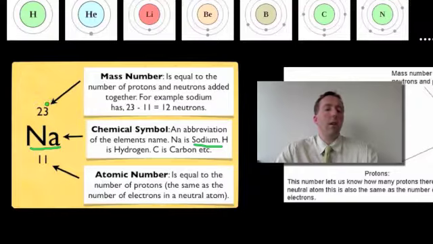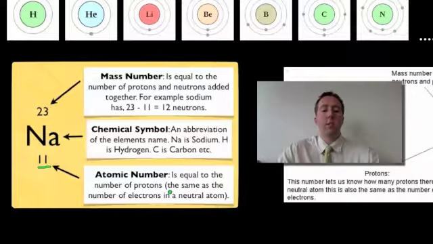And there's also a couple of numbers associated with chemical elements. The first of these is the atomic number. So for sodium, the atomic number is 11. And this means that all sodium atoms have got 11 protons in their nucleus. So if you're an atom and you've got 6 protons in your nucleus, then your atomic number is 6, and you'd in fact be carbon.